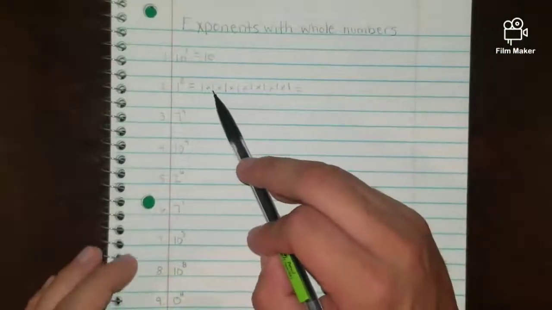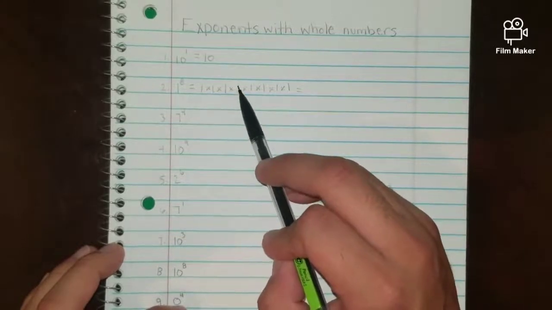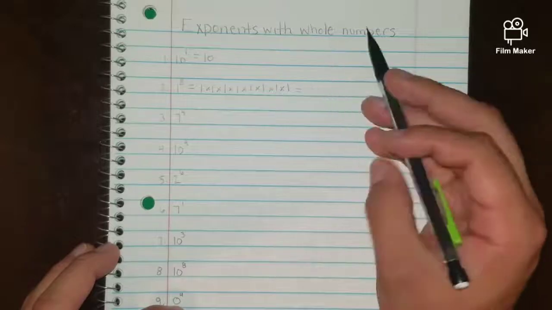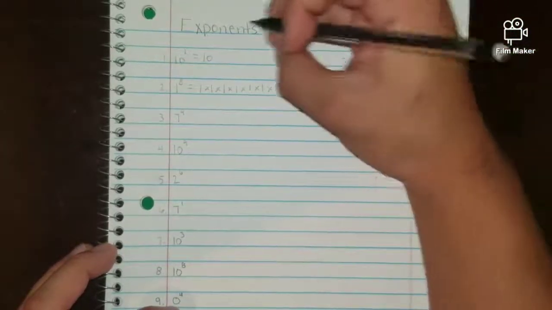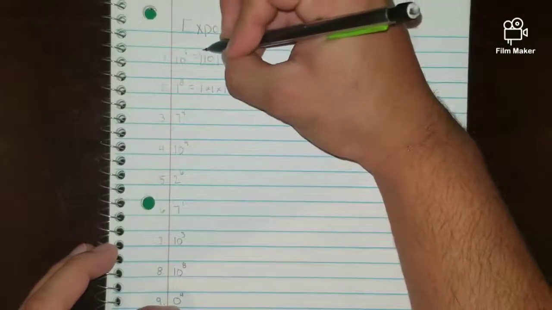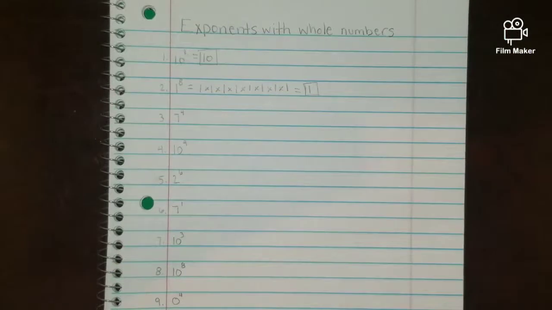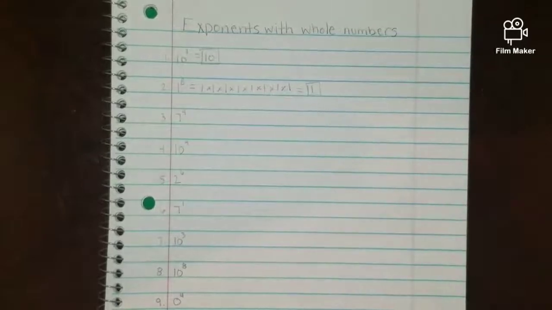So 1 times 1 gives us 1, times 1 gives us 1, and so on and so forth until you reach the 8th power, where you should get 1 as your final answer. Because 1 times itself is going to be 1 and keep being 1 till infinity. So if we had 1 to the infinitieth power, our answer would still be 1.